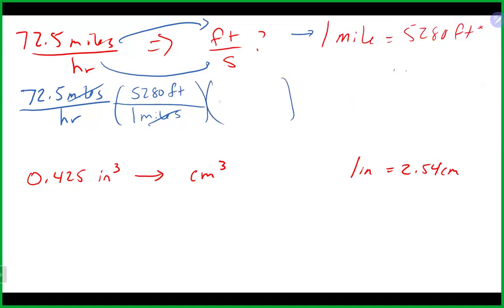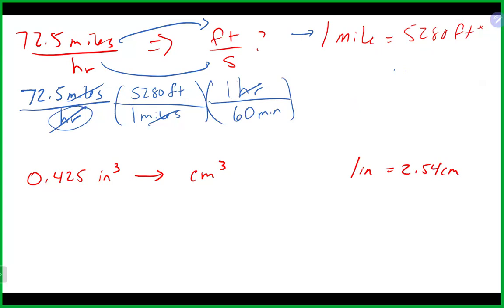So again, by setting it up like this, I clearly see hours are on the bottom, so to get rid of them, hours will go up on top, and 1 hour will be 60 minutes. Hours on the bottom and top will cancel. At this point, I will be in units of feet per minute, which is close to what I want, but I do want to get it to seconds.